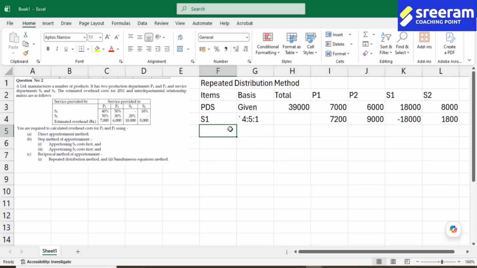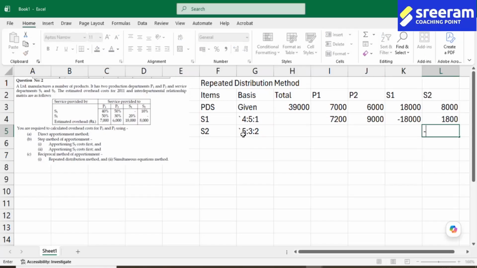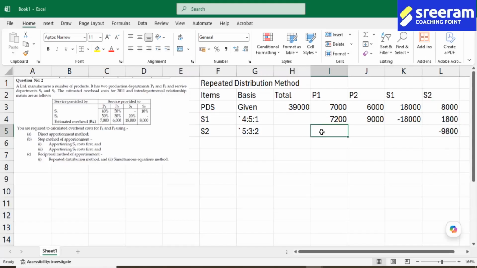Correct? Yes. What is the rate at which we would like to make it? 5 is to 3 is to 2. So total column will not undergo any change. So now we will have minus 9,800. How come minus 9,800 we will take up? The sum of these two of S1 is 9,800. So this 9,800 will get distributed in the ratio of 5 is to 3 is to 2.